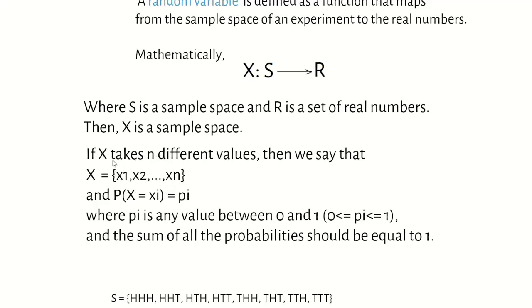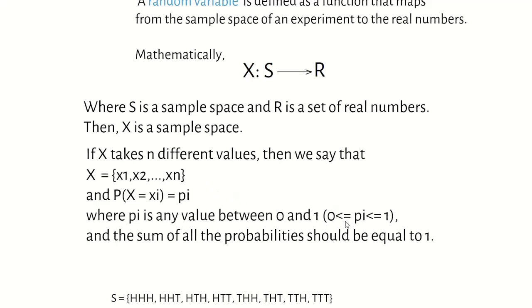To have X equal to a given value from these n values, there is a given probability of getting one of those values. For example, the probability of having X equal to xi is equal to a given number pi, which should be between 0 and 1.